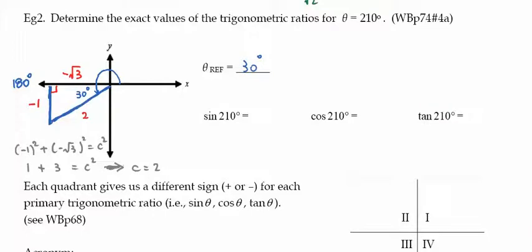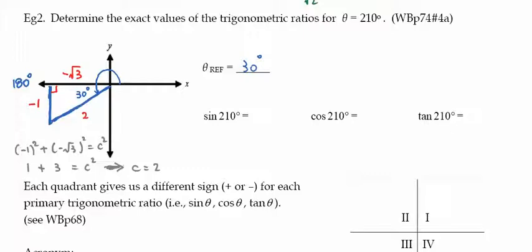The hypotenuse will always be positive. So this is something that you need to remember. The opposite and the adjacent can be positive or negative, depends on where you draw your triangle, but your hypotenuse will always be positive.